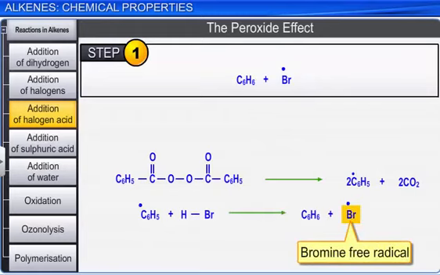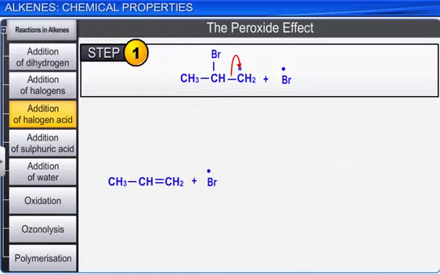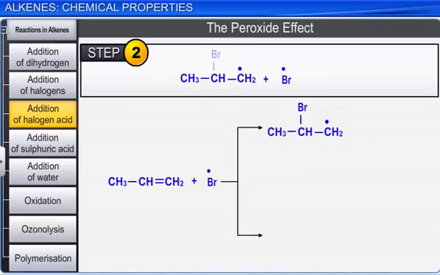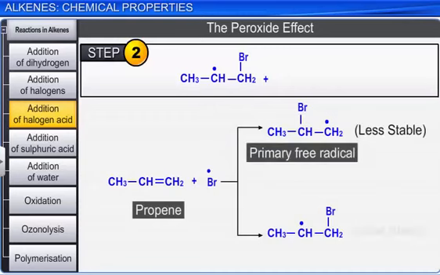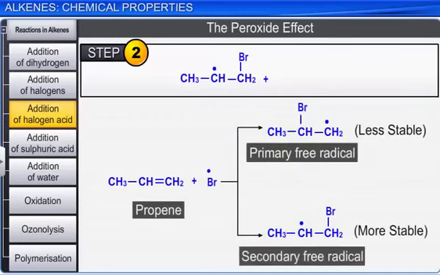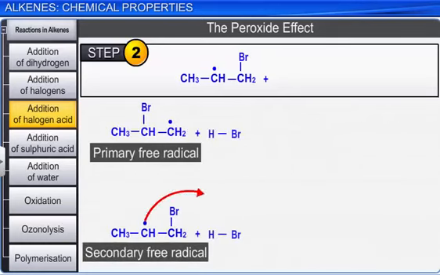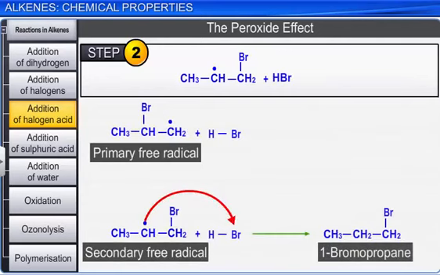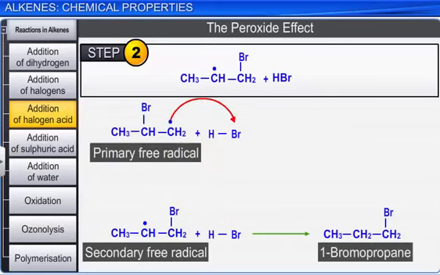Hence, propene undergoes homolytic cleavage to produce less stable primary and more stable secondary free radicals as shown here. The secondary free radical attacks hydrogen bromide to form bromopropane, and the primary free radical attacks hydrogen bromide to form 2-bromopropane. Thus, 2-bromopropane is formed as the major product.